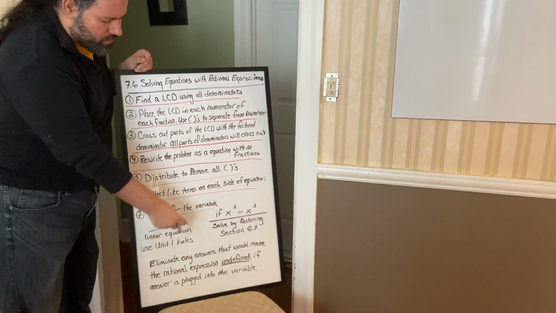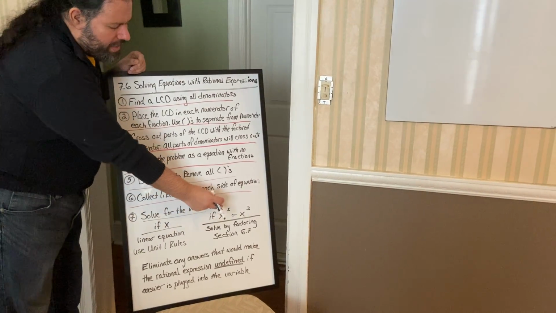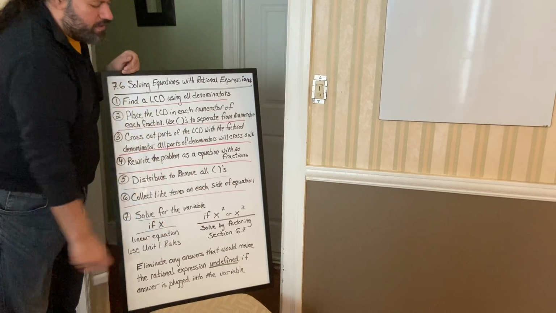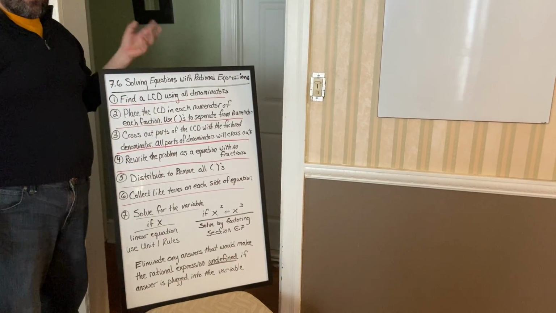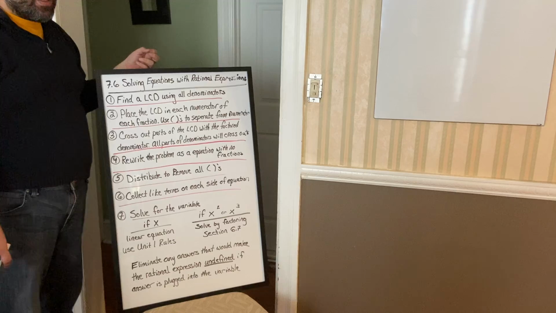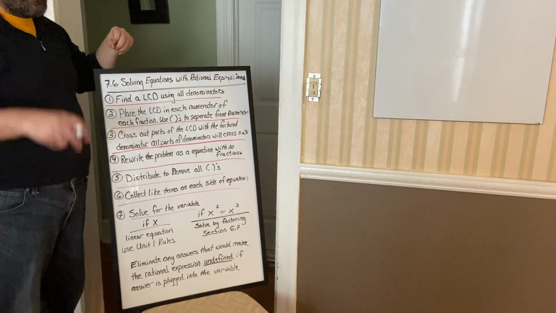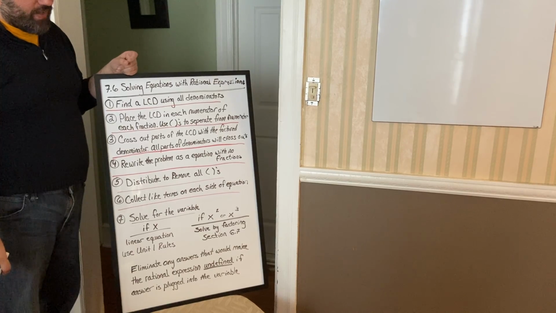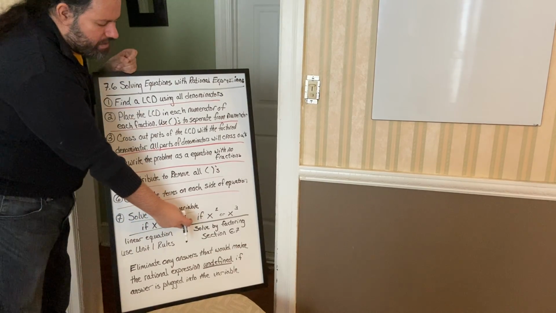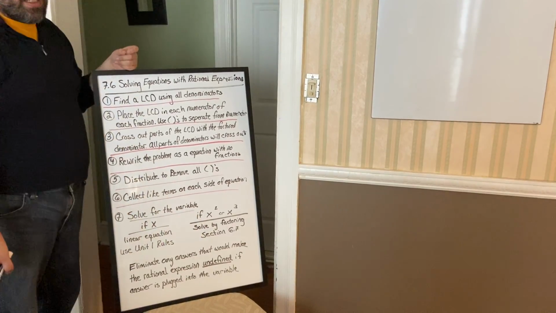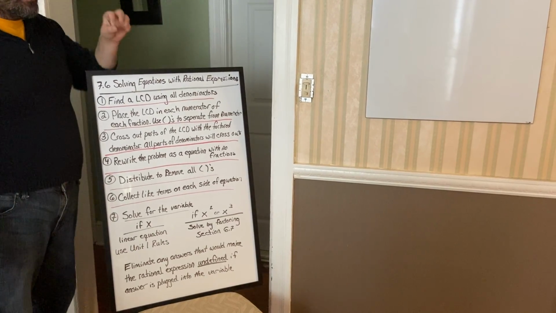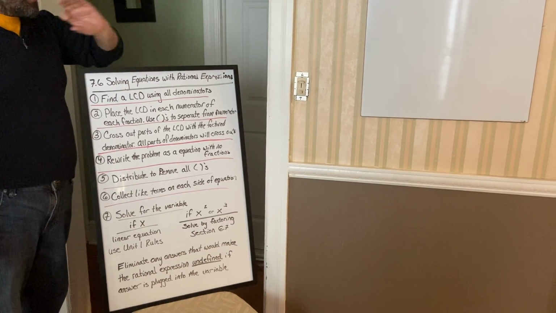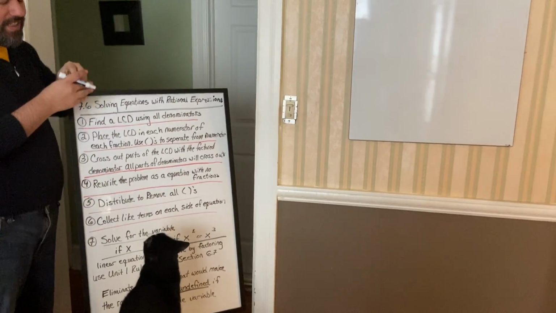The other way to do solving is if you have an exponent, like an x squared or an x cubed. If you have a squared or a cubed, to solve these guys, you can't do variables on one side, constants on the other. You actually have to do the factoring method. Now, how do you solve by factoring? We did that in section 6.7. What you want to do is get all your terms, that means constants and variables, on one side.